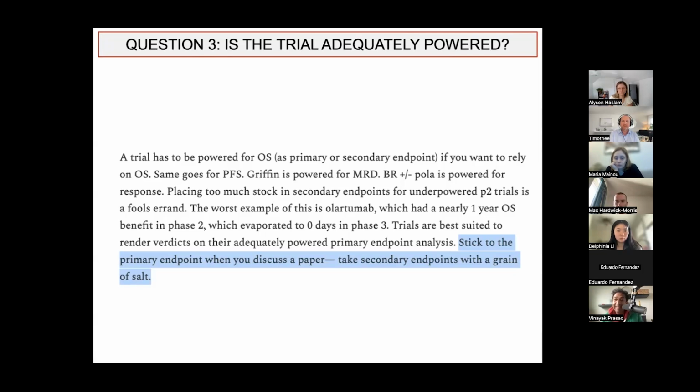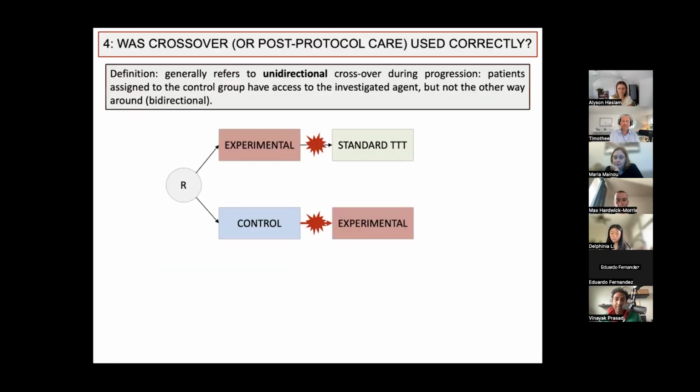The other classic example is olaratumab, which is Lartruvo, a soft tissue sarcoma drug, which in an underpowered phase 2 study found a very large PFS and OS benefit that was absolutely, totally null, superimposable Kaplan-Meier curves in the randomized study. So be careful about underpowered studies. If the study's underpowered, I think you can really only look at the primary endpoint of the study, a phase 2 study. You can't look at secondary endpoints. This also applies to oligometastatic randomized controlled trials.